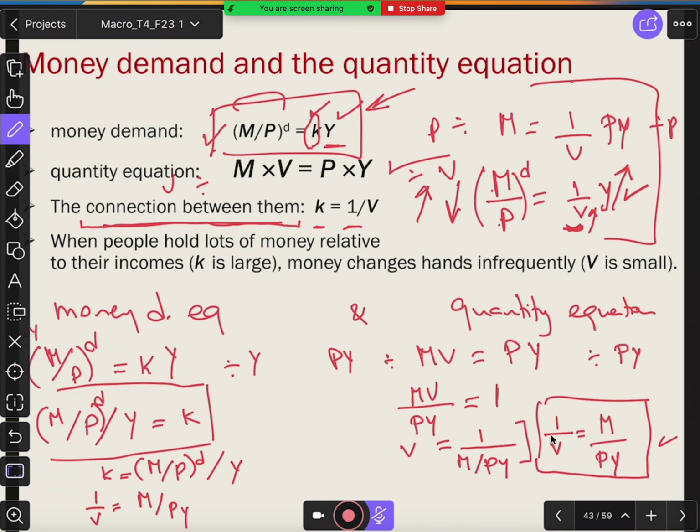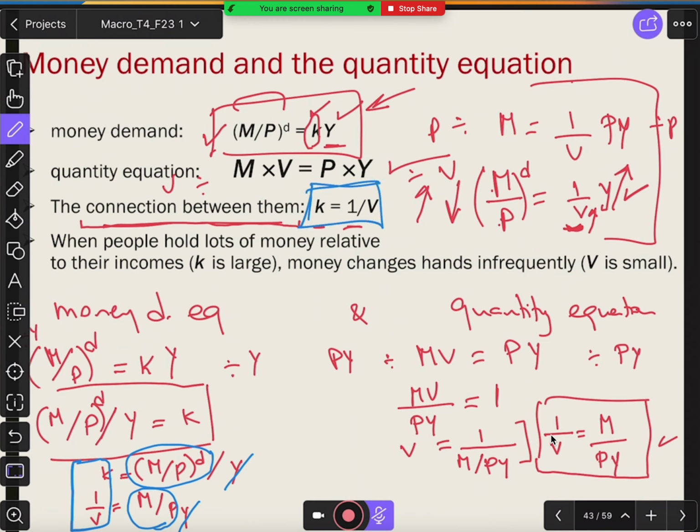Okay, so if I isolate one part here, if we assume that in equilibrium the real demand for money is equal to the real supply of money, and the y is equal to the y, then I can get this part to be equal to what we have here.